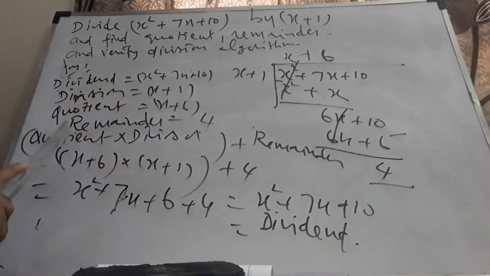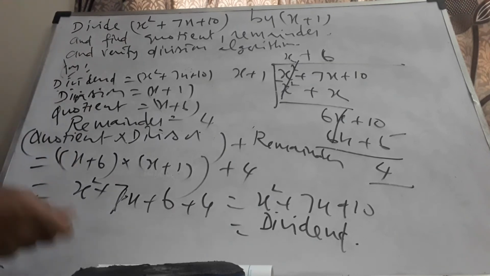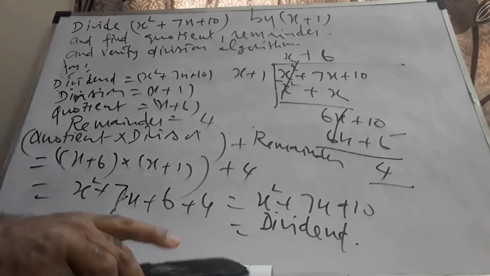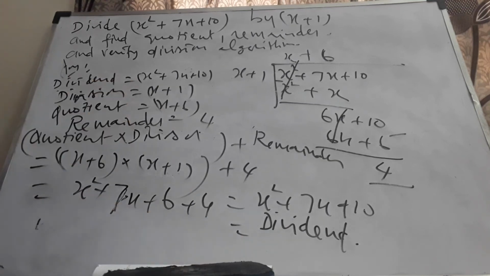That is my dividend. Therefore, quotient times divisor plus remainder is equal to dividend. This is how we check the division algorithm for the given polynomials. Thus, the division algorithm for the given polynomials is verified.